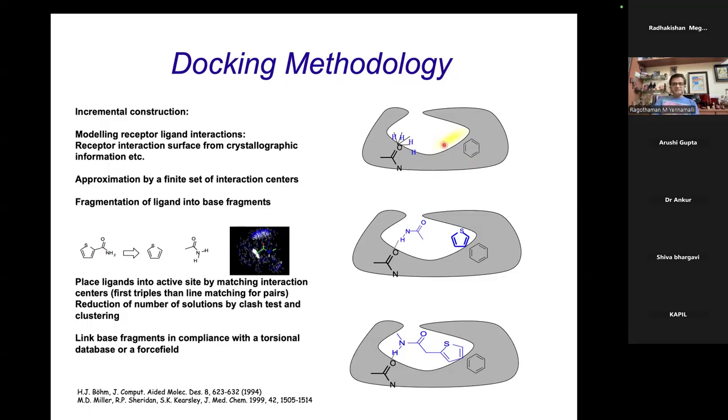In the receptor, the gray area is the receptor, the protein that you want to bind to. You see that there is a particular region which is amenable for either this part or this part to bind.